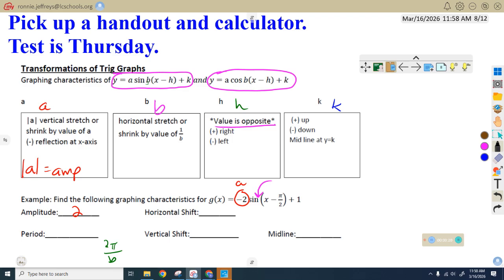What is in between sine and that parenthesis? Nothing. But it's understood to be what? 1. So B for this one is 1. Might actually need to start labeling these, have y'all do this, because we did it before that way. It's just been a hot minute. All right, so 2 pi.